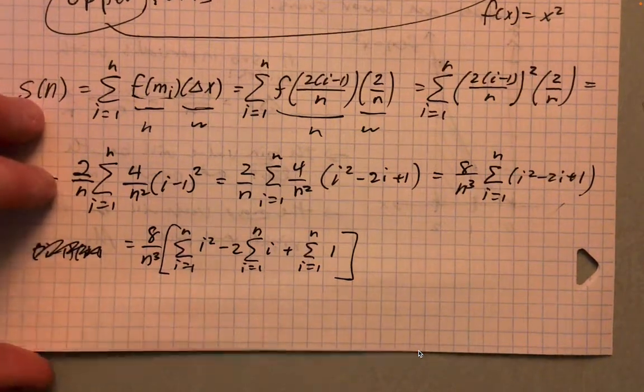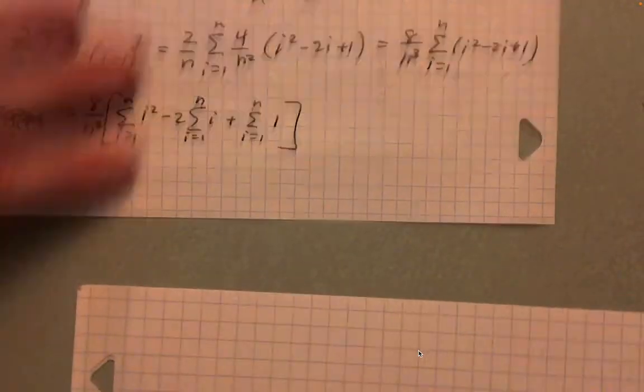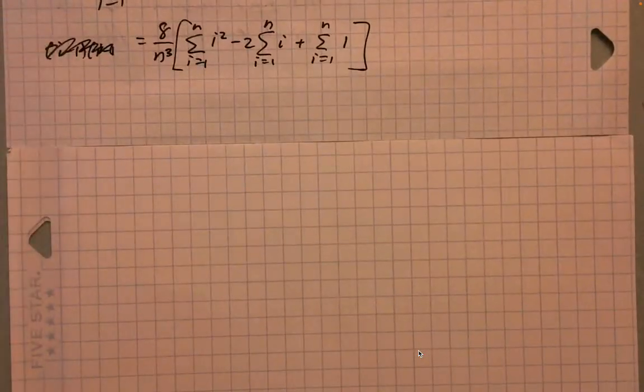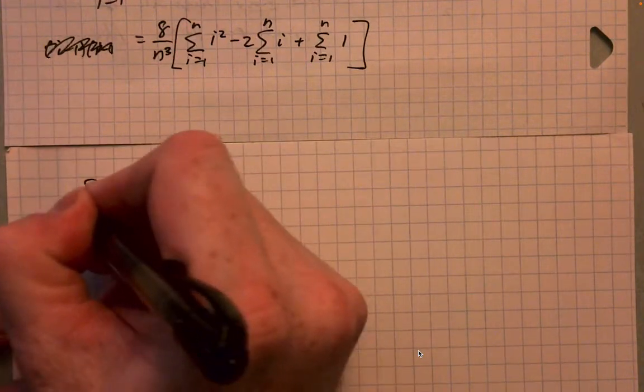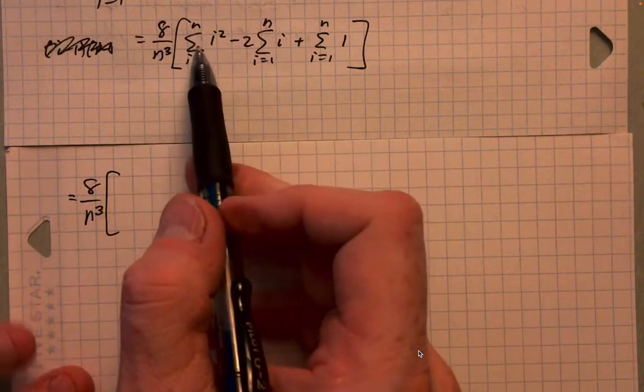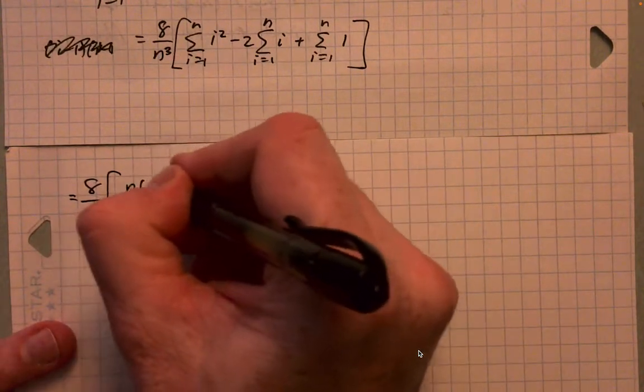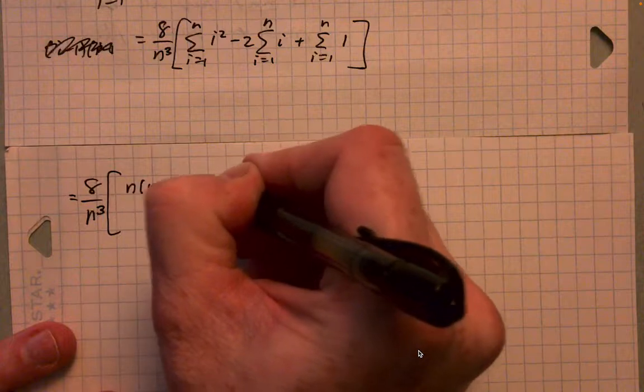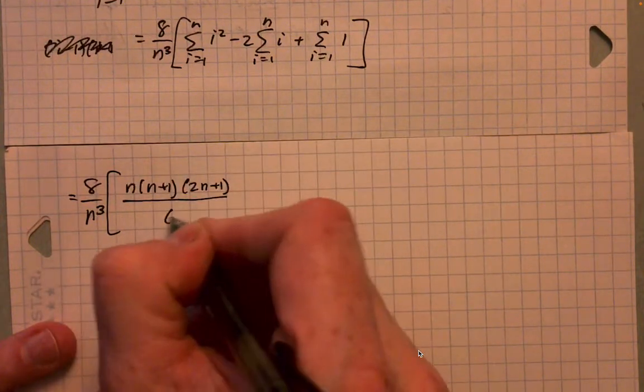Okay, and then I'm going to flip to a new page here. And when I do that, we can take this and figure out what each of these is worth. So it's equal to 8 over n cubed. Now the i squared, that's going to be n times (n plus 1) times (2n plus 1), all over 6.